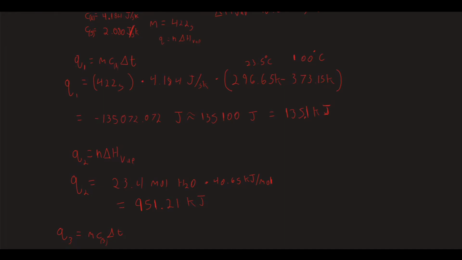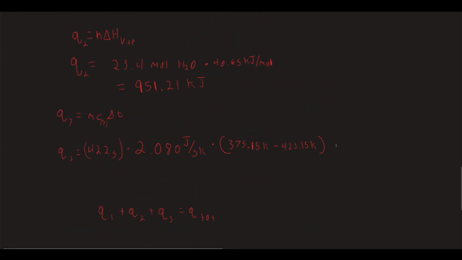So that's Q1, we have Q2, and Q3 is the last one we need. So let's see. So 423.15, 2, and 422. And this is giving us a value of negative 43888 joules.